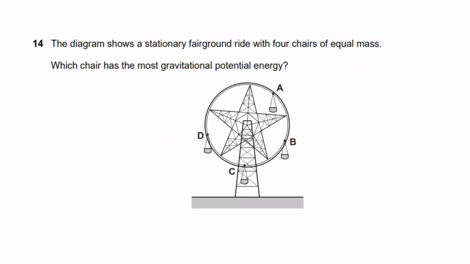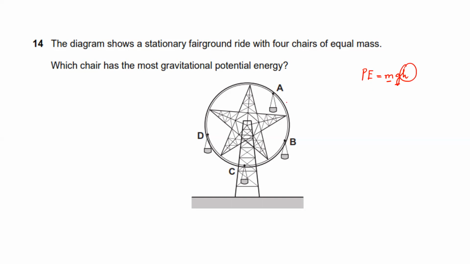Next question, question number 14. It says the diagram shows a stationary fairground ride with 4 chairs of equal mass. Which chair has the most gravitational potential energy? So gravitational potential energy is mgh. The mass is the same, and gravity acting on all these chairs is the same, so it depends upon the height.